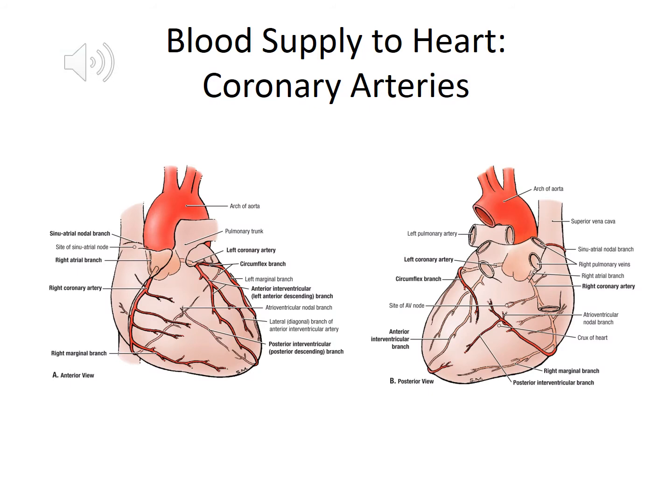So now let's discuss the actual blood supply to the heart itself. Note that the 2 main arteries that supply the heart actually branch off of the aorta just beyond the aortic valve. You can see the right coronary artery courses down the right side of the heart between the atria and the ventricle, and then the left coronary artery is a very, very short artery that extends from the left cusp of the aorta and goes a very short distance towards the left side of the heart.